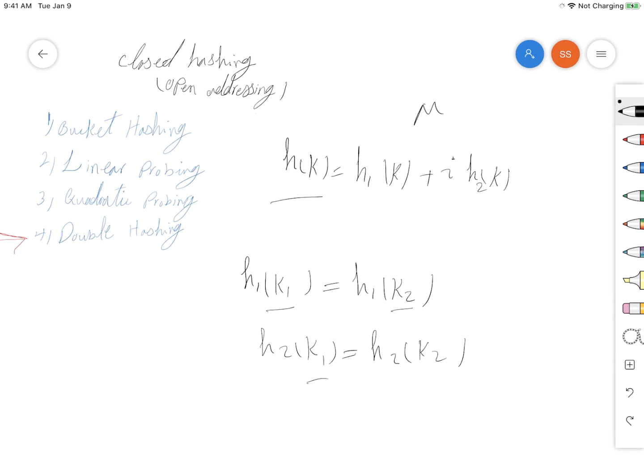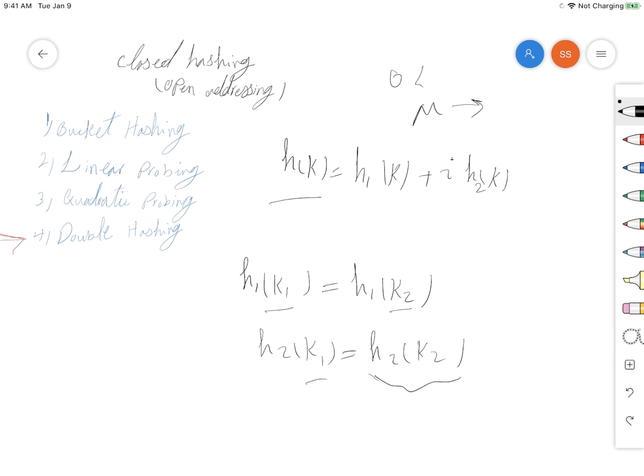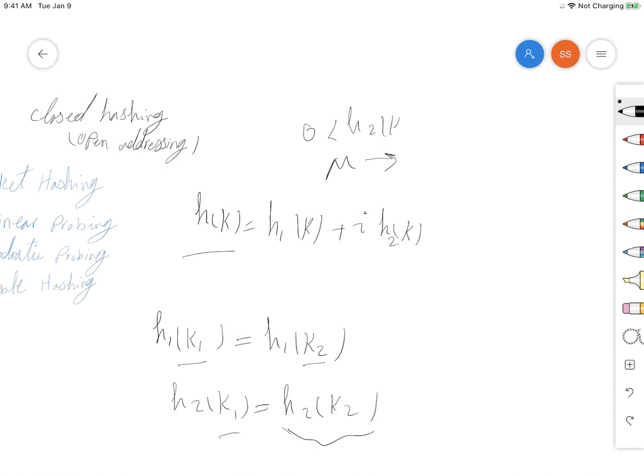If the hash value generated by the function h2 of k is some value, and m is a prime number, so we are assuming that m is a prime number, and h2 of some k is a number between 0 and m minus 1, not including 0, then we're going to be okay, because it will give us numbers that don't collide with the value, for example, at location k1.